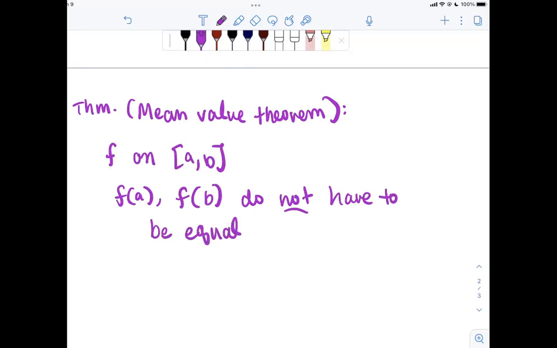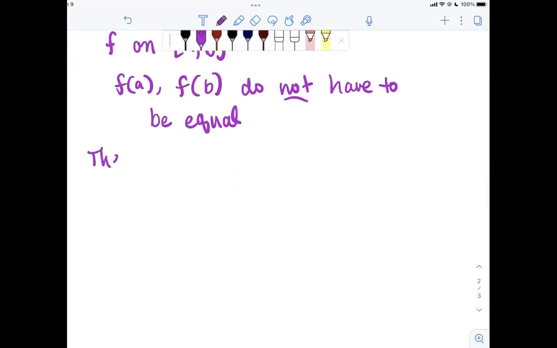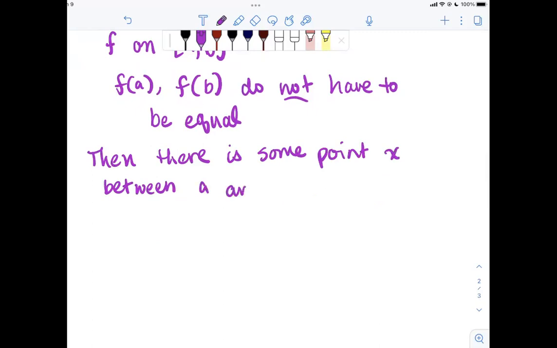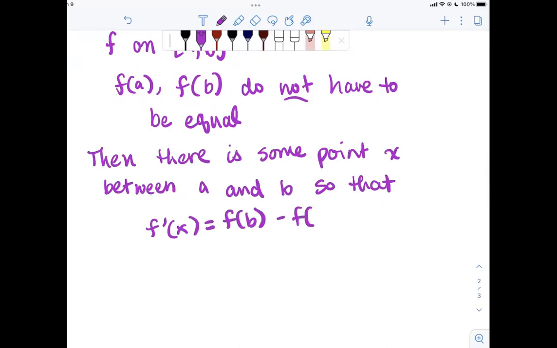But even then, there's going to be some point between a and b, I'm going to call this point x, so that the derivative f prime of x is equal to f of b minus f of a over b minus a.